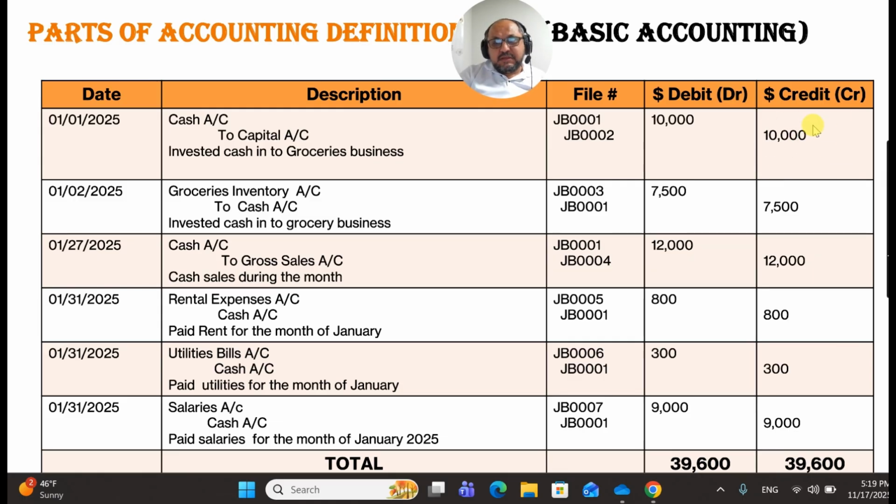Credit means this is a loan of the John brothers, and at the end of a specific time he has to withdraw his amount. If you see the bank receipt, while for you the cash is debited, if you deposit your money in the bank, the bank records that amount as a credit for themselves because it has to pay it back.